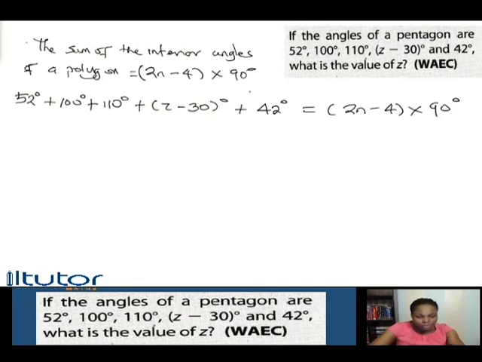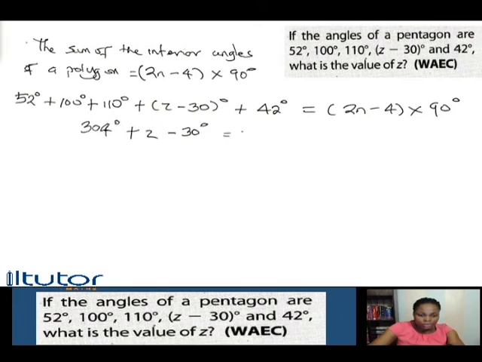So 262 plus 42 will give you 304. So we have 304 degrees plus z minus 30 degrees. So we just have to open up that bracket.